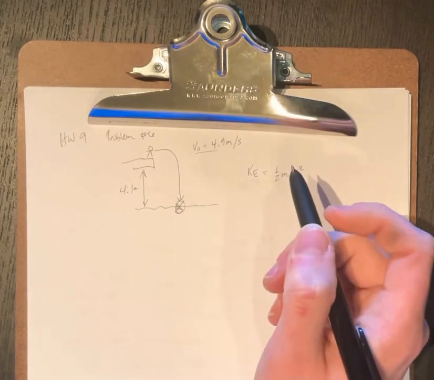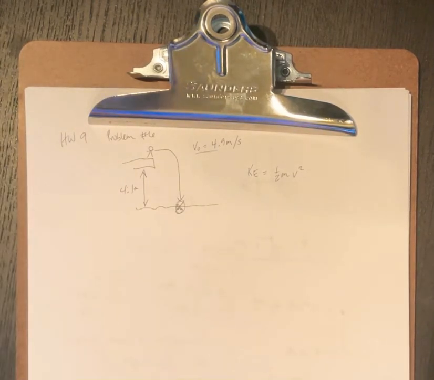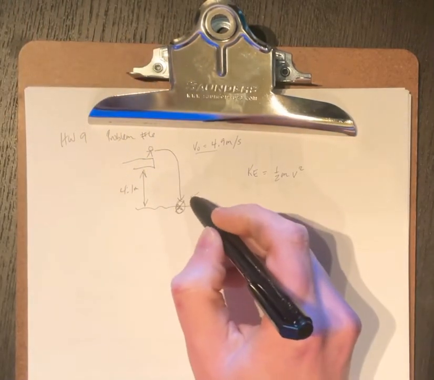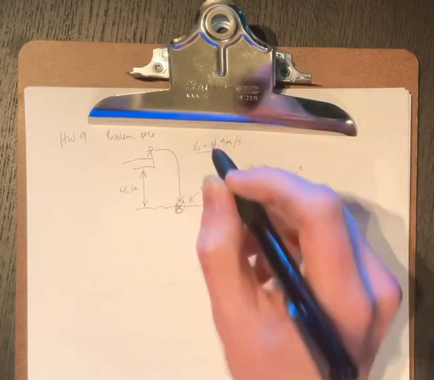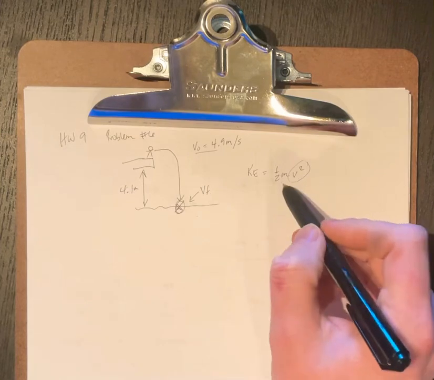So what we need to determine is their velocity when they hit the water, right? Because that's going to give us our kinetic energy, because kinetic energy is equal to 1/2 mv squared.